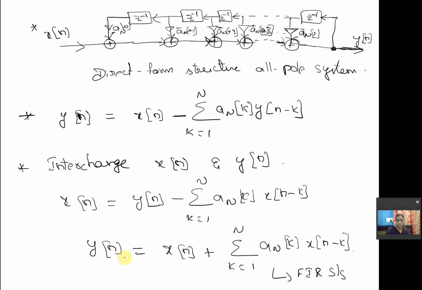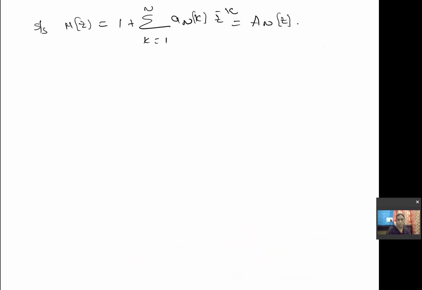That means here, apply the z transform on both sides: y of z equals x of z plus summation a n of k z power minus k x of z. Take x of z common and then take the ratio y of z by x of z, that is equal to 1 plus summation k equals 1 to n of a n of k z power minus k. Am I correct? Okay, right?